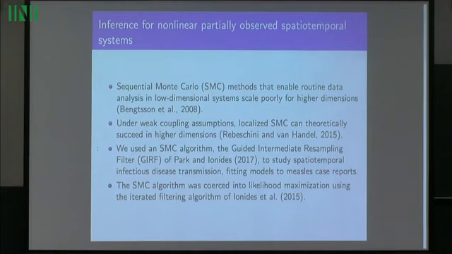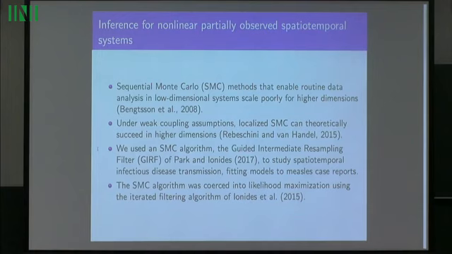So the basic method for dealing with low-dimensional partially observed nonlinear Markov processes is sequential Monte Carlo, abbreviated to SMC, but this scales poorly to high dimensions, and Bengtsson, Bickel et al. actually did the math to show that.